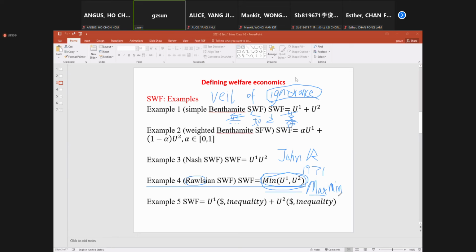How to formulate? That is, let's care about the minimal value for all the individual utilities.